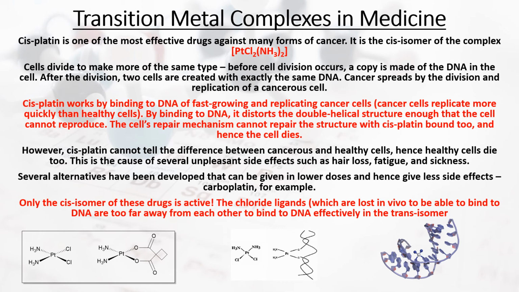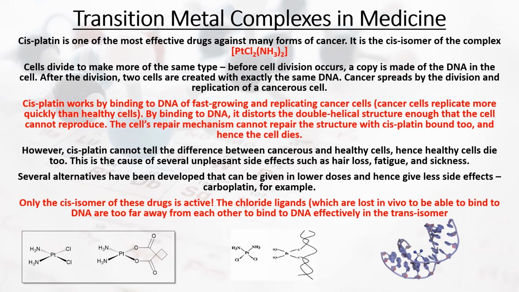Now, the way that cisplatin works is it binds to DNA. It binds to the DNA of the fast-growing and replicating cancer cells. Again, the cancer cells replicate more quickly than healthy ones do. And remember that DNA has that quite ordered double helix structure. By binding to the DNA, it distorts this double helix structure. Essentially, it makes the double helix bend out of shape.